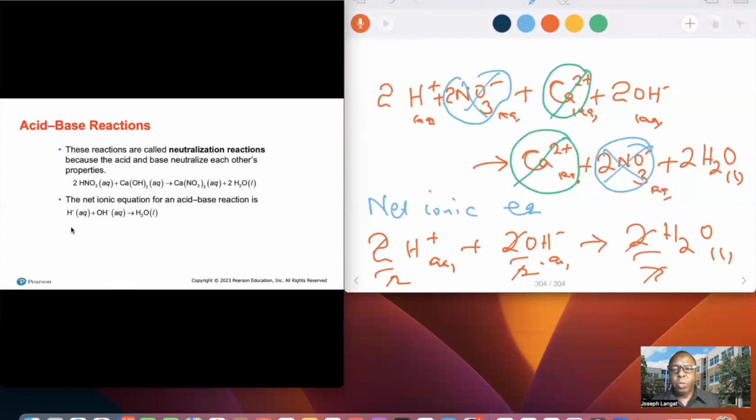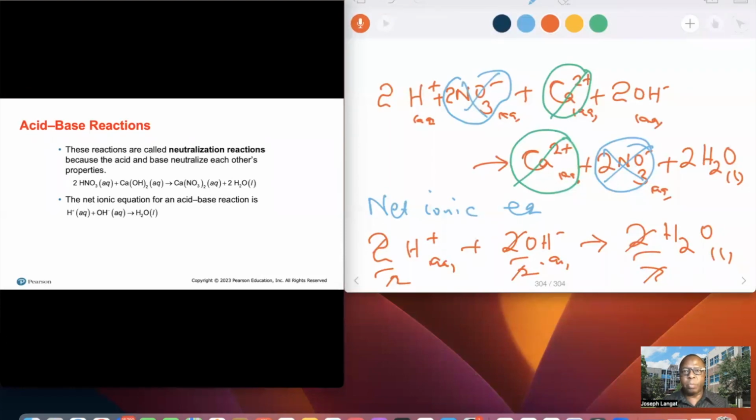You don't need to memorize these or read the PowerPoint slide and expect that I'm going to ask you the same thing. It's about the concept. How do you write the net ionic equation? You need to start from the very basic foundation of having a balanced molecular equation.